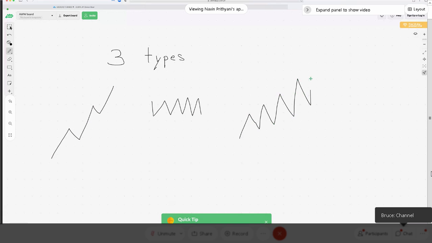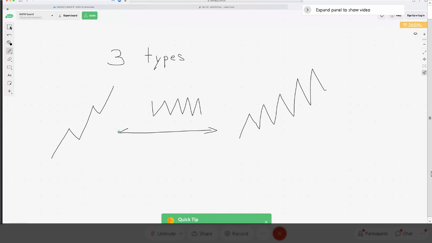It's very important to know the difference between the three and know when these things will flip back and forth, because the way you trade one of them should never be the way you trade the others.